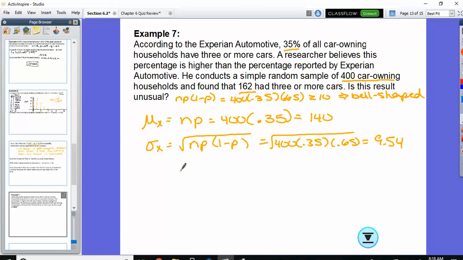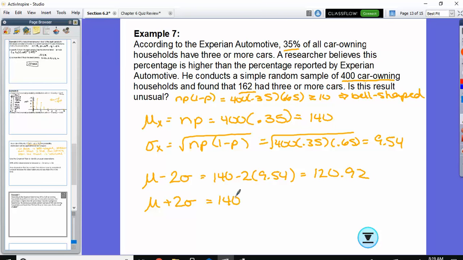So if we wanted to find everything within 2 standard deviations, we need the mean minus 2 standard deviations and the mean plus 2 standard deviations. Okay, so my mean is 140 minus 2 times the 9.54, and what does that give us? 120.92.